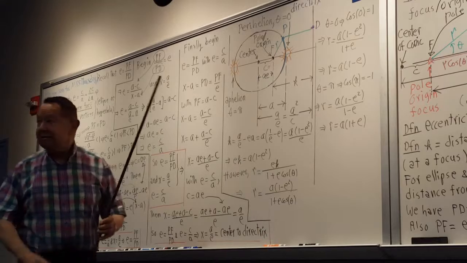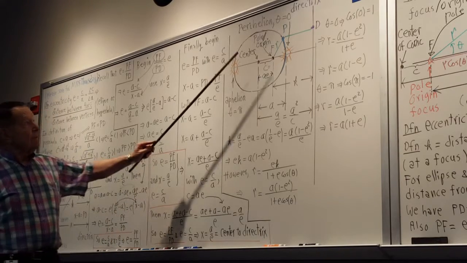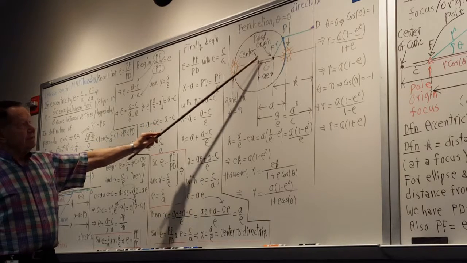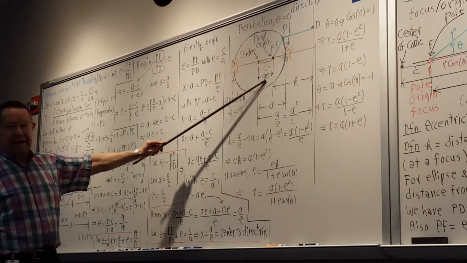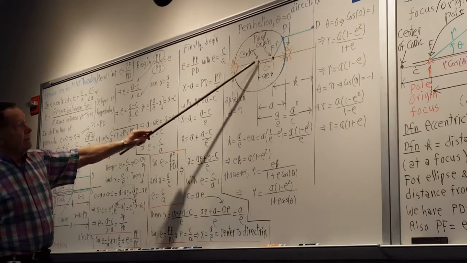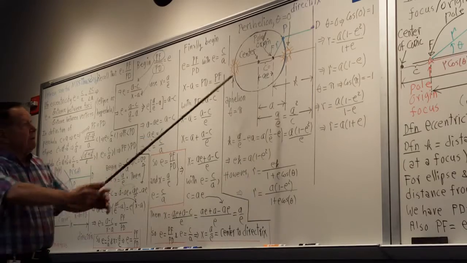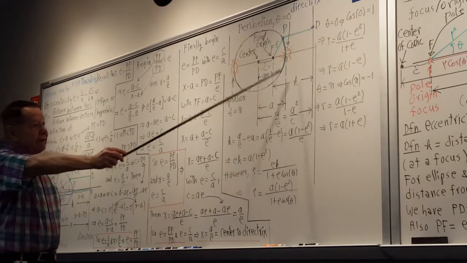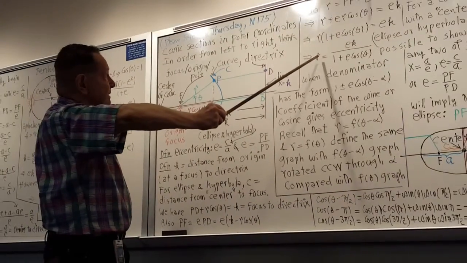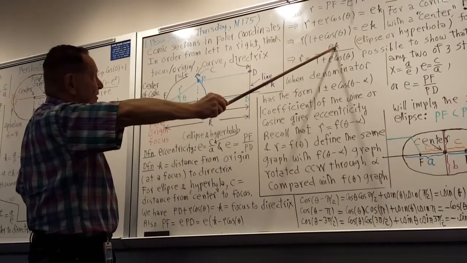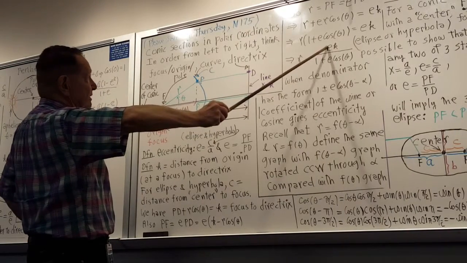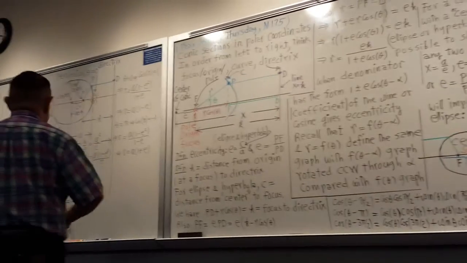You have your center, you have your focus, and this distance C, which is AE from this, and then you have the distance we've called K if we were doing our formula for the conic section in terms of polar coordinates, EK, and so on.